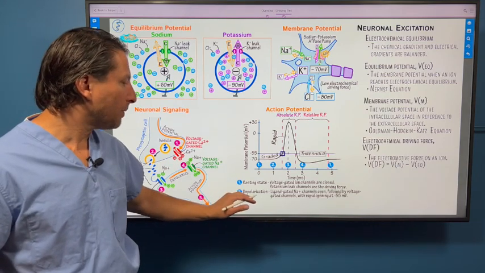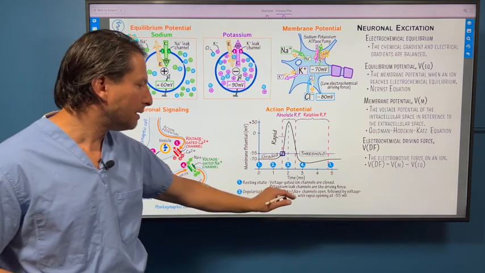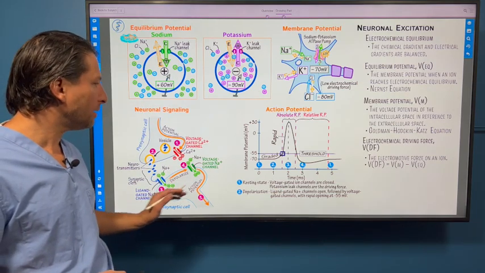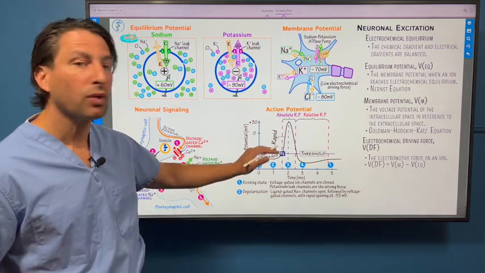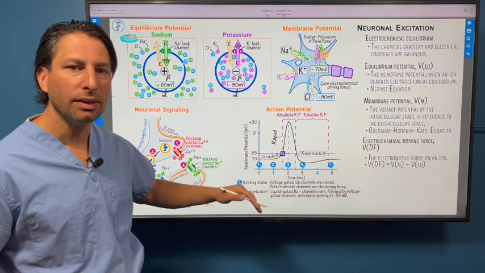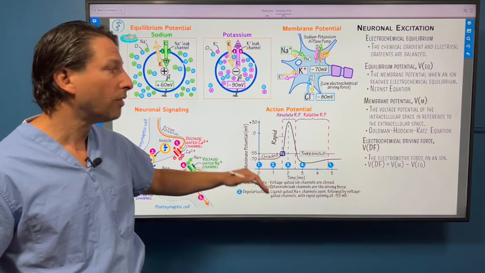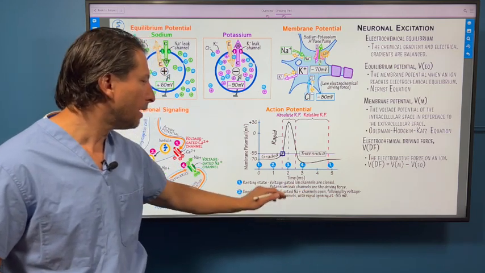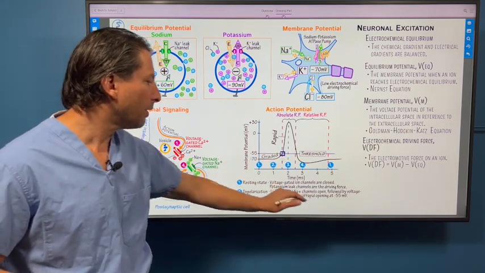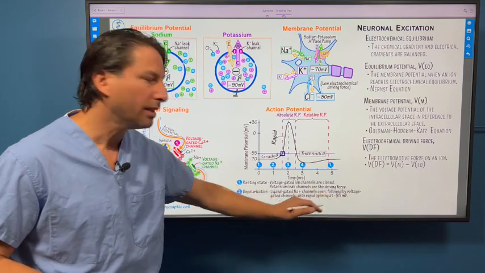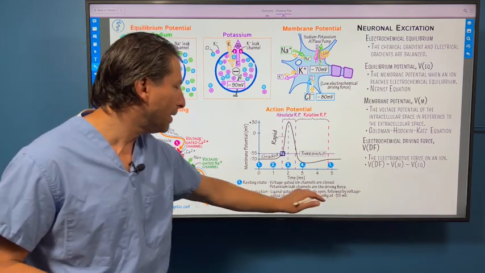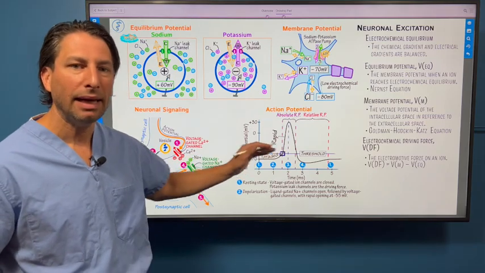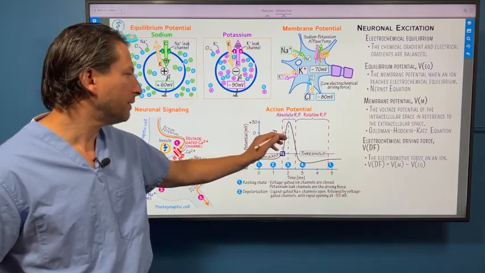When there's depolarization, ligand-gated sodium channels open, as we saw here. What does that do? That increases the membrane potential. It becomes less negative, more positive. When it reaches a certain state, and we call that here at negative 55 millivolts, then there's rapid opening of these channels, and there's a sudden spike, and that's the action potential itself.